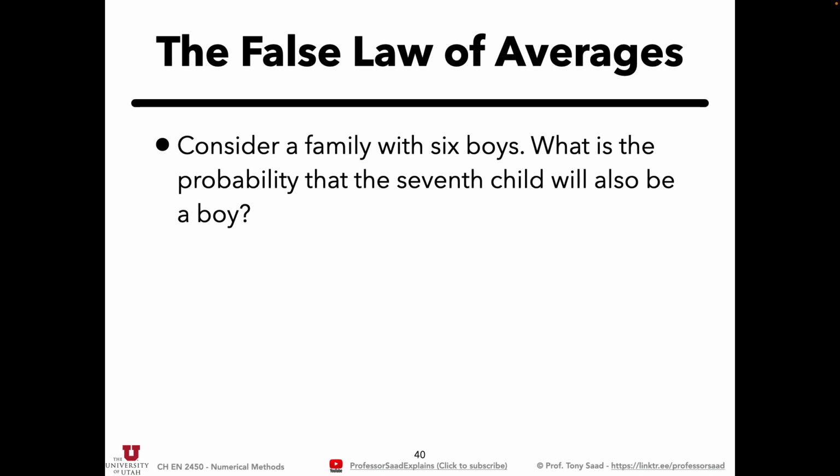And there's something called the false law of averages. So a family with 6 boys, what's the probability that the 7th child is a boy? It's still 50-50. Maybe there's some genetic predisposition to carry one gender over the other, but in general, it's a 50-50 chance.